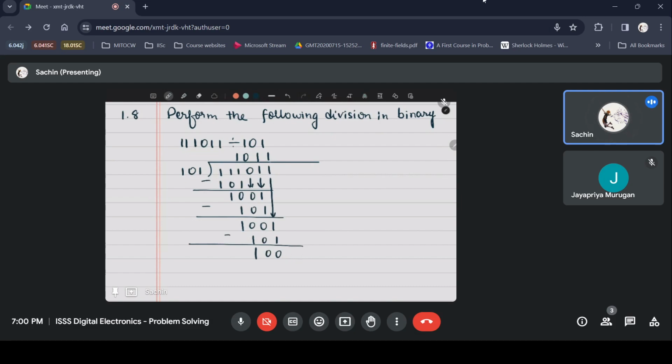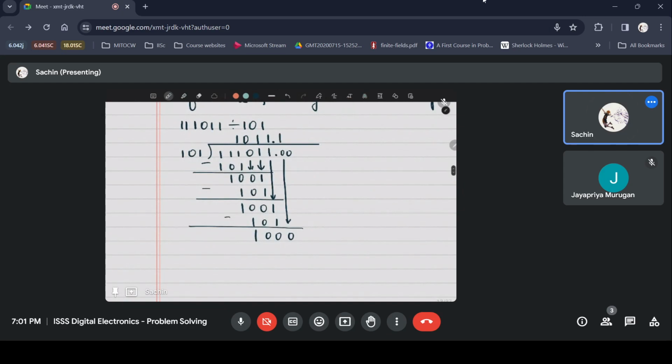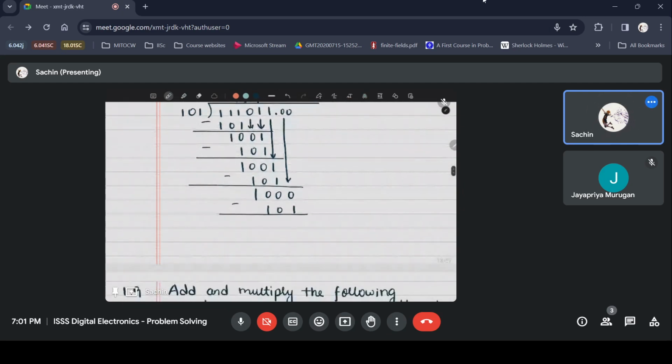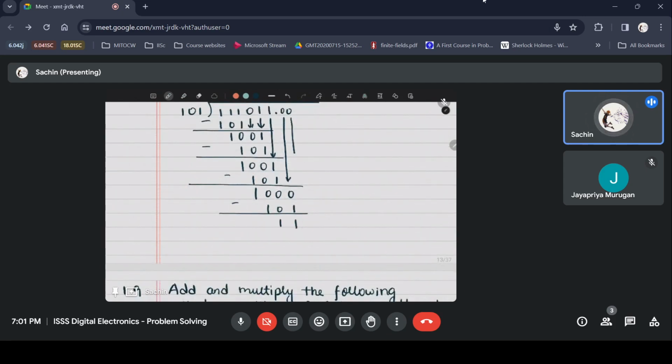Now you put a decimal point, bring down this 0, 100. Once you'll get 101. This will be 11. Bring down this 0, 110.